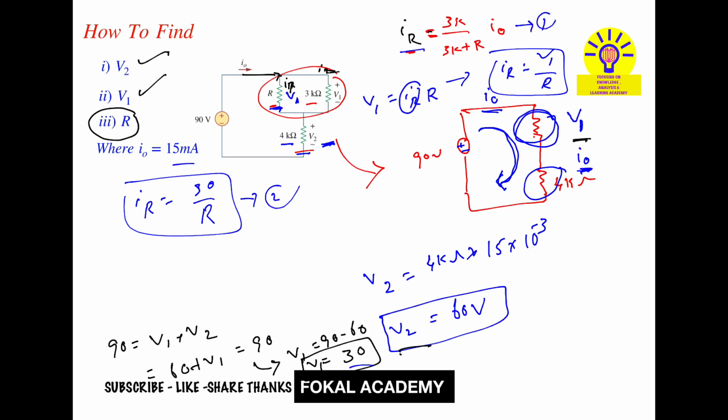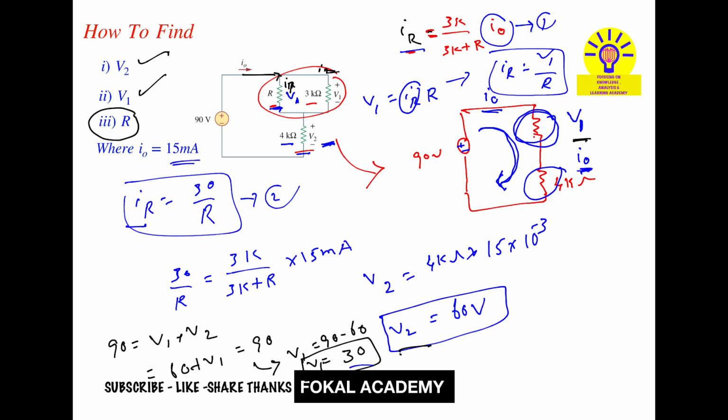This is the IR value, this is also the IR value. So both are equal. Now equate them. So from this we'll get 30 by R equals 3K by 3K plus R into I0. I0 was given as 15 milliamperes.